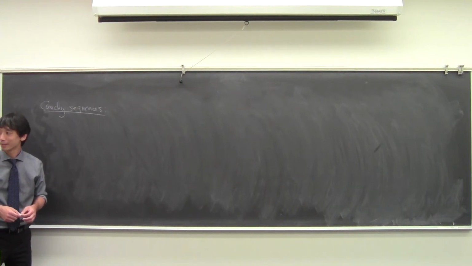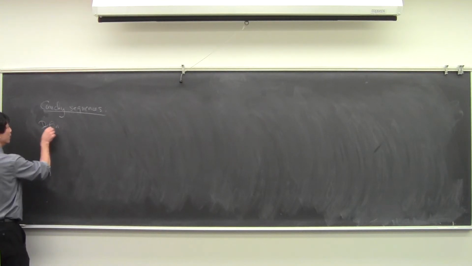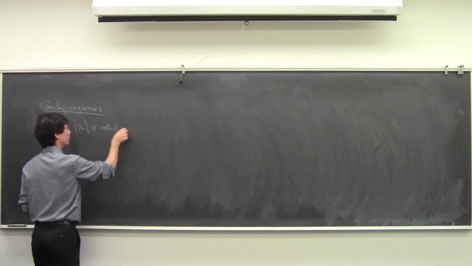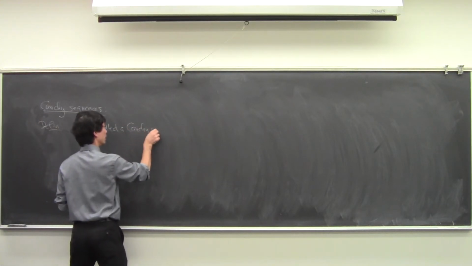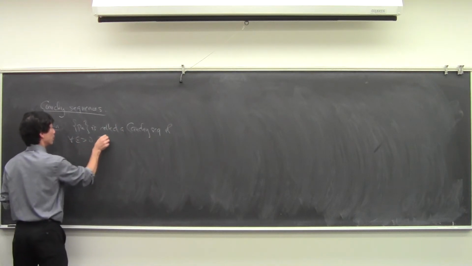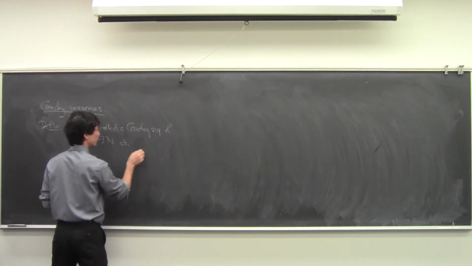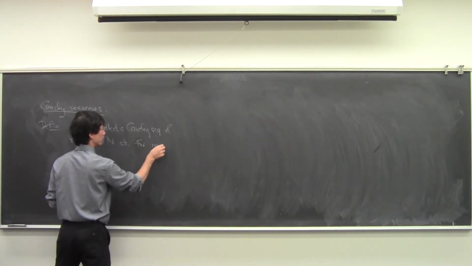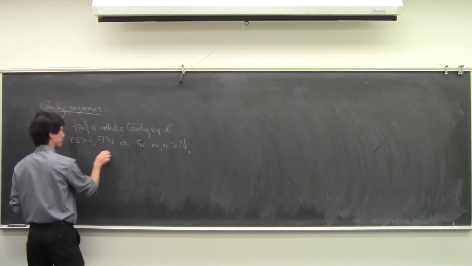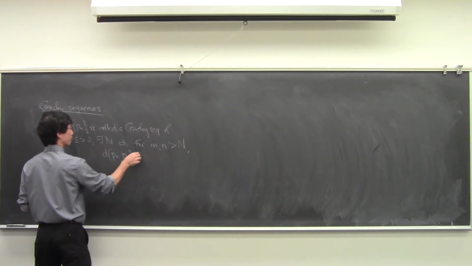So for any given epsilon greater than 0, there exists some N such that for n and m greater than N, we have the distance between p of n and p of m less than epsilon.